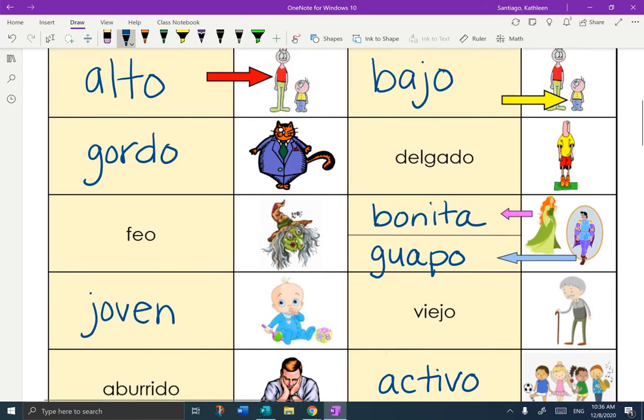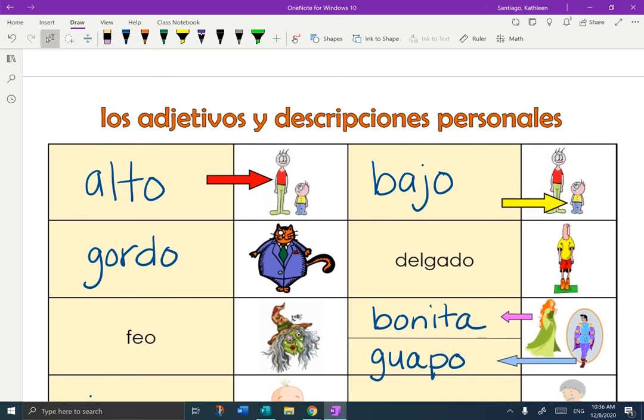We'll go across. So we have alto, bajo, say them with me.